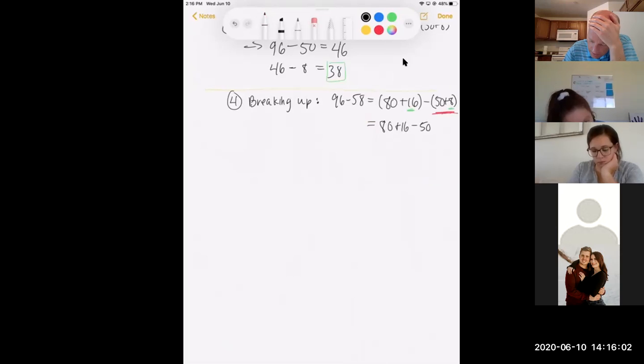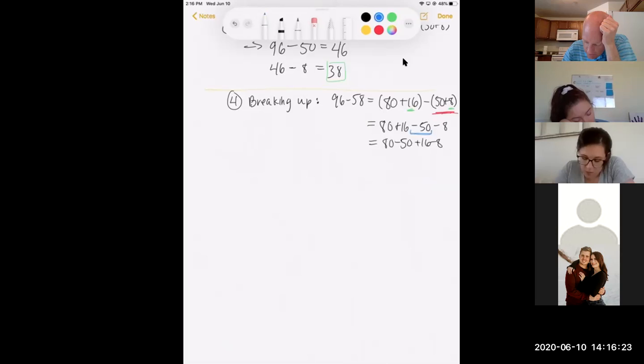So when I do this strategy, I write 80 plus 16, subtract 50, subtract 8. Now I'm going to move the 50 over with the 80. And I can do that if I keep the sign in front. This is key here: you can commute with subtraction if you keep the sign in front.